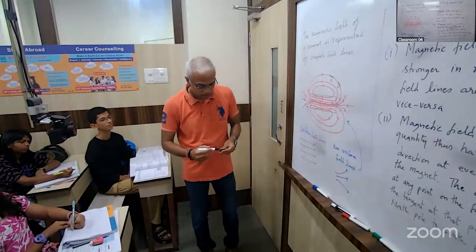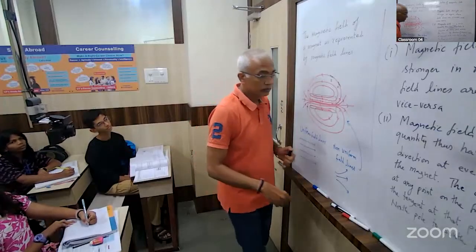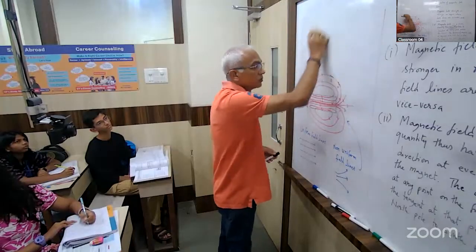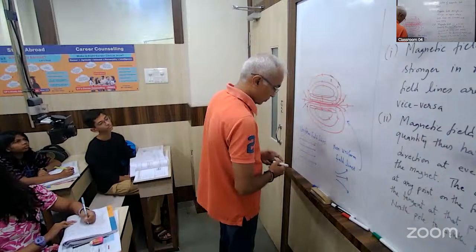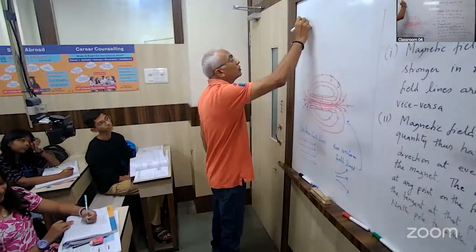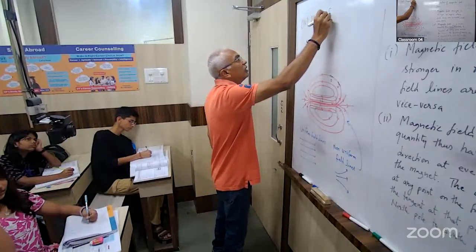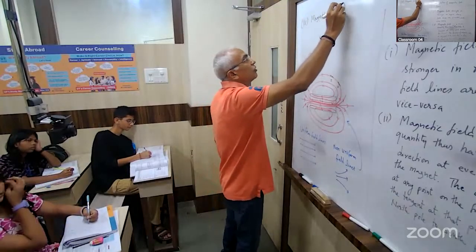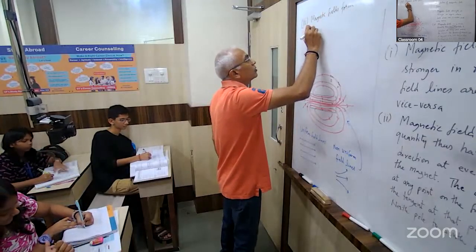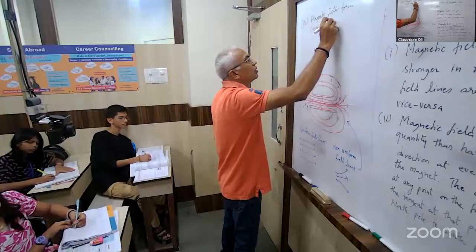Then the next point is that magnetic field lines form closed loops, right? Fourth point, magnetic field lines form closed loops.